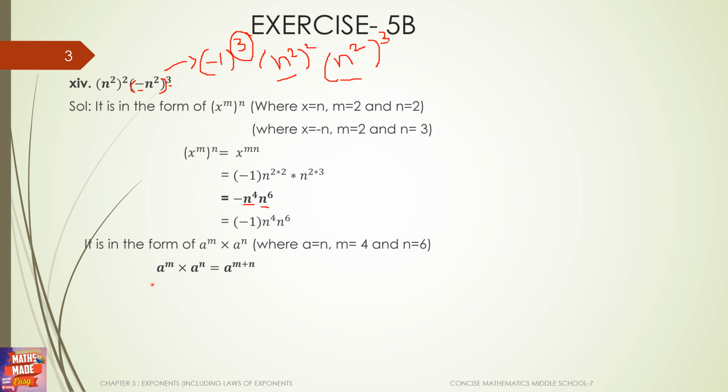We all know that a to the power of m into a to the power of n is equal to a to the power of m plus n. That means n whole to the power of 4 plus 6. And the minus 1 I am writing down as it is. Now minus n to the power of 10 is the answer.